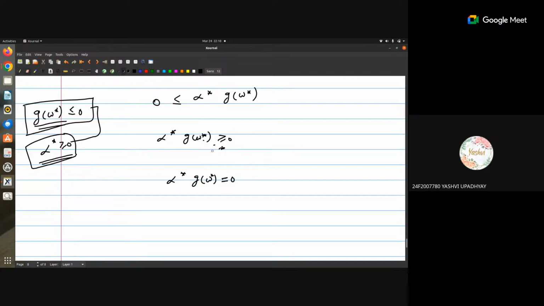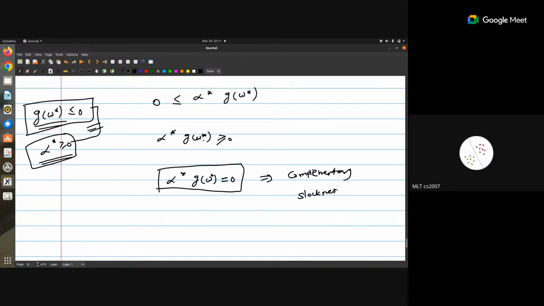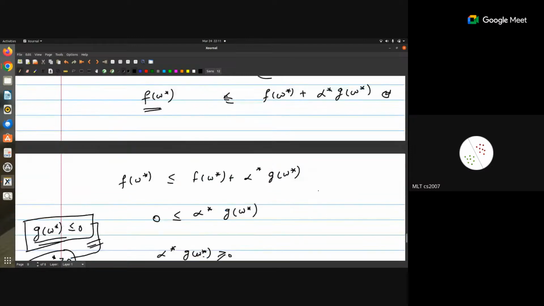No. The only thing possible is equality, 0. So when I multiply a Lagrange multiplier with any inequality constraint, it makes my equation reduce to this part. This is the complementary slackness condition, which we talked about earlier.